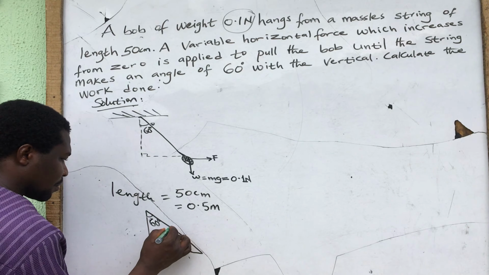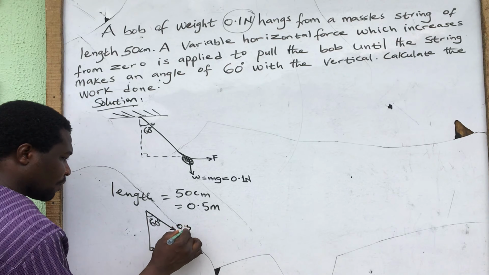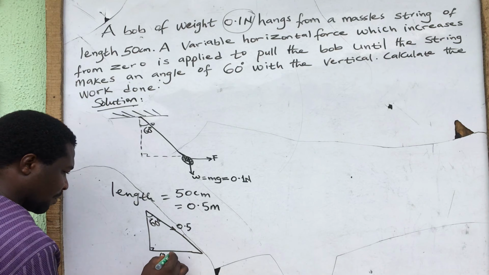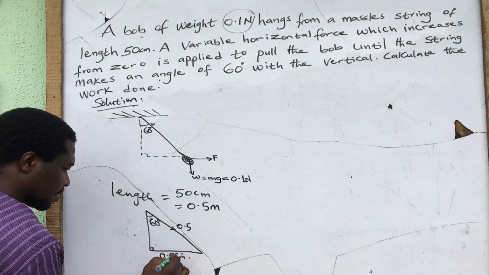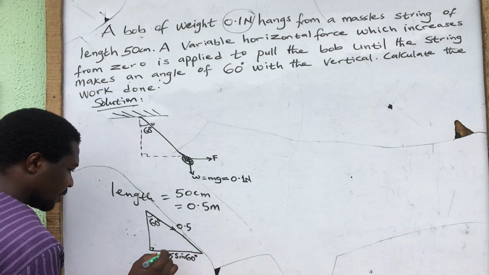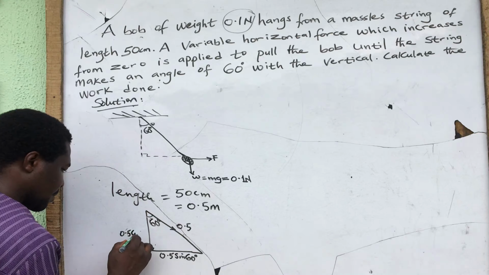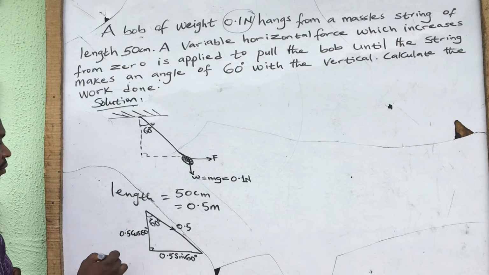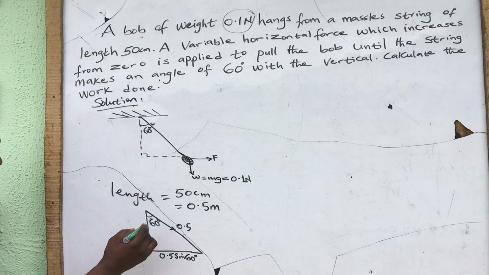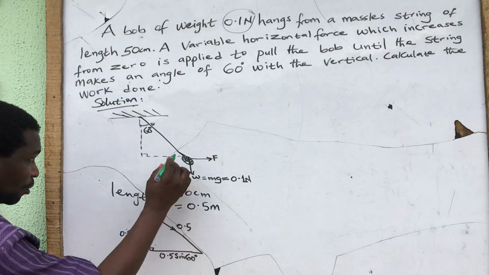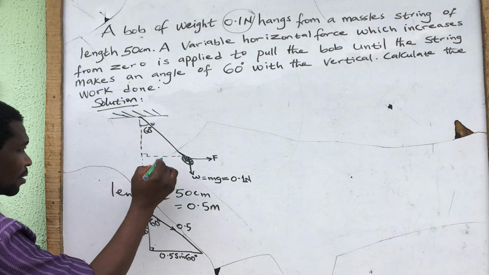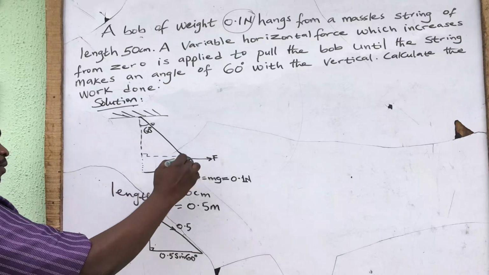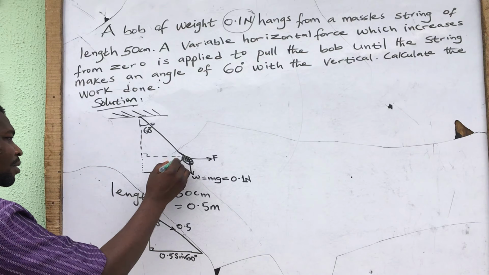This is 0.5, this is 0.5 sin 60 degrees, and 0.5 cos 60 degrees. Now with this, we can realize that this bulb moves this way, from here to here.